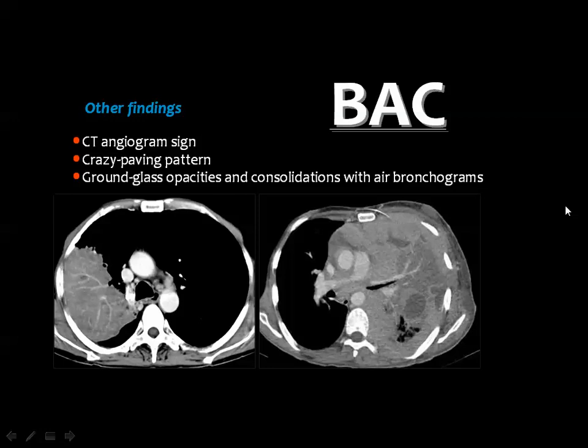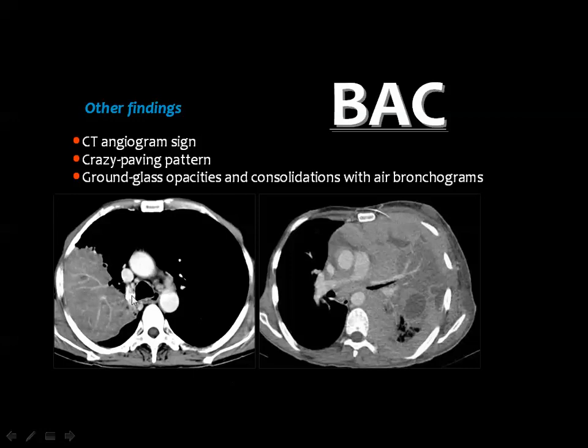Bronchoalveolar carcinoma may have some radiographic signs which are not specific for it, like the CT angiogram sign. If you look here, you see a consolidation in the lung, and you can also see the vessels running through the consolidated area.